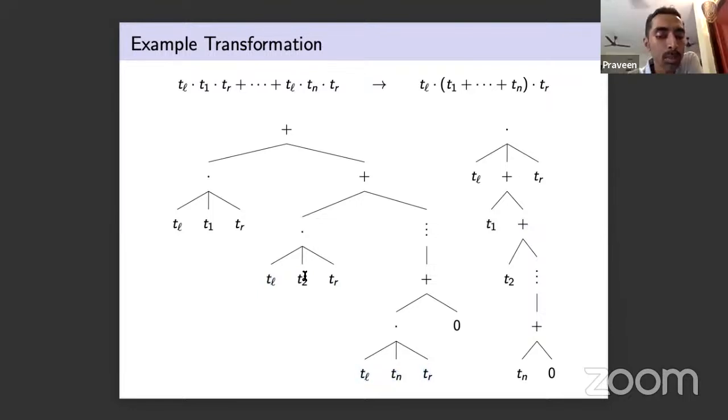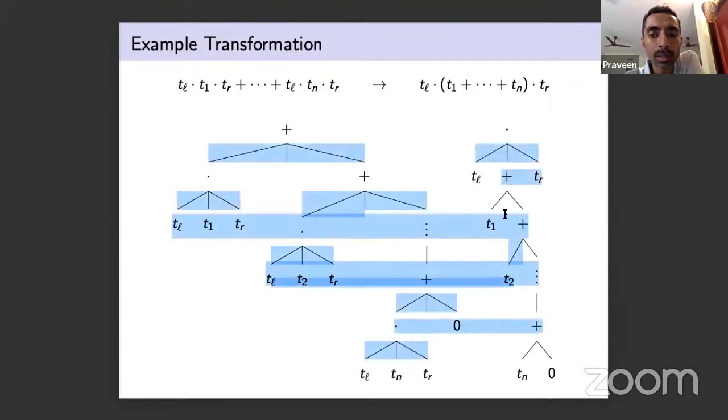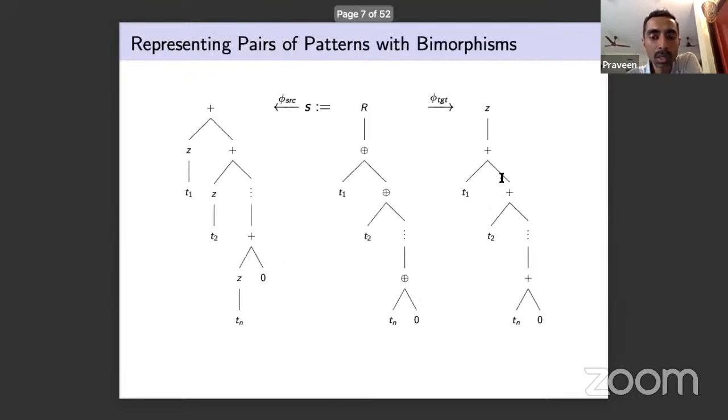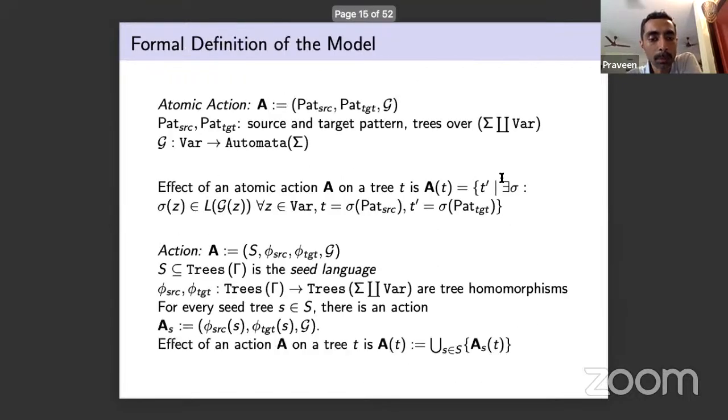So suppose all these subtrees have the property that they have bounded height. But when you apply this transformation, you get this subtree, T1 plus T2 plus and so on up to Tn. So this is a subtree which is made up of only addition, but now it has unbounded height. So this particular transformation, the example that we have right here, does not satisfy this property.